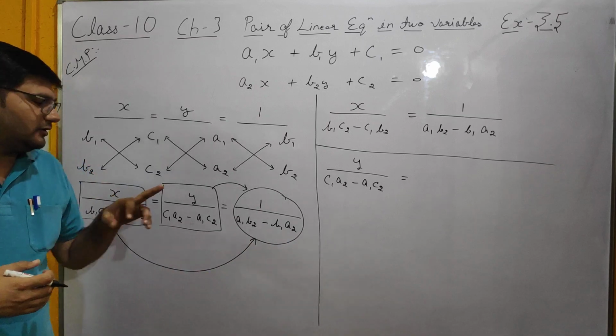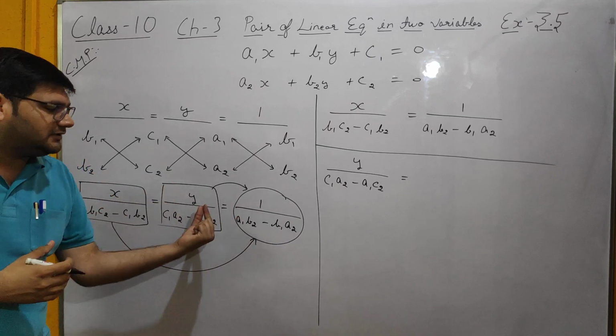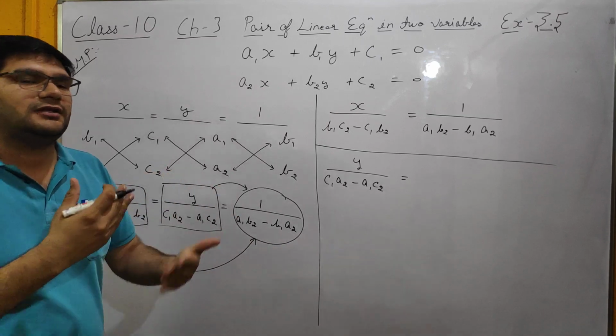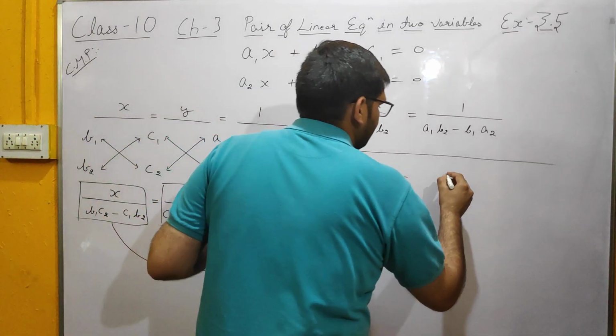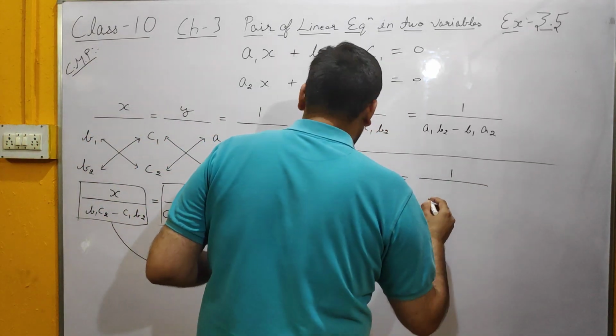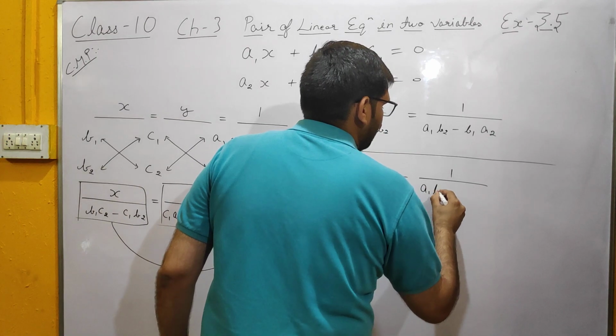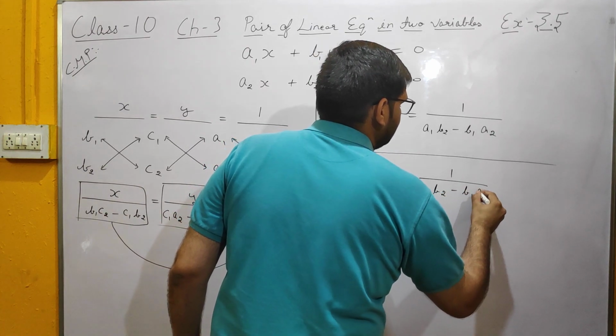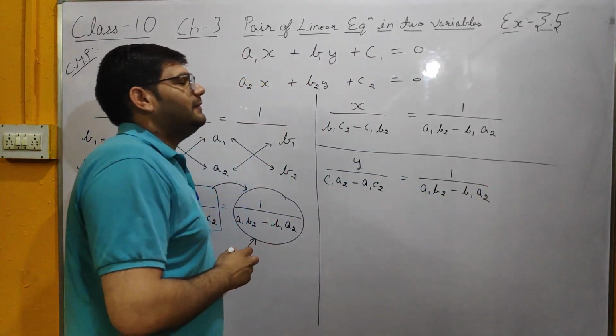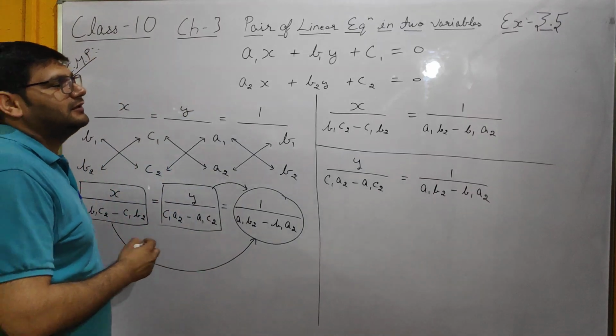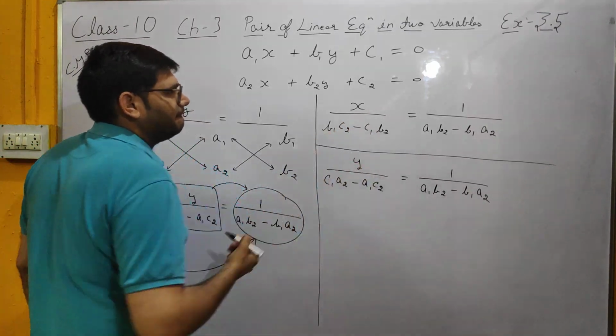Now what will be left? Only y. So if we equate them, then we will be able to find the value of y, and thus the values of x and y. Clear?